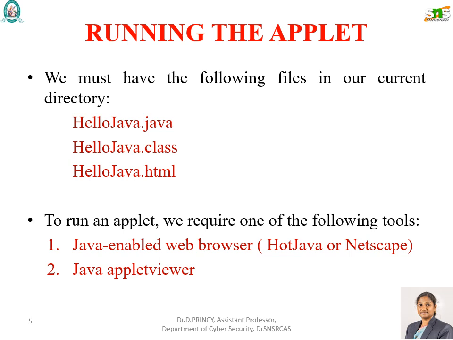All three files have the same name with different extensions, and they must be in the same directory. To run an applet, we require the following tools: either a Java applet viewer interpreter or any Java enabled web browser, like HotJava or Netscape Navigator.